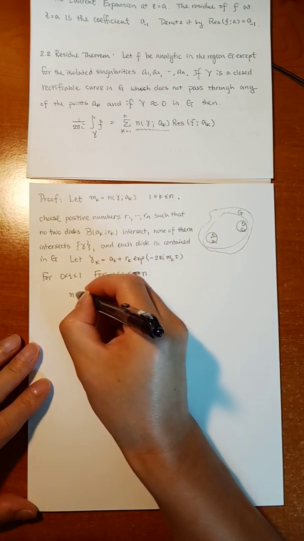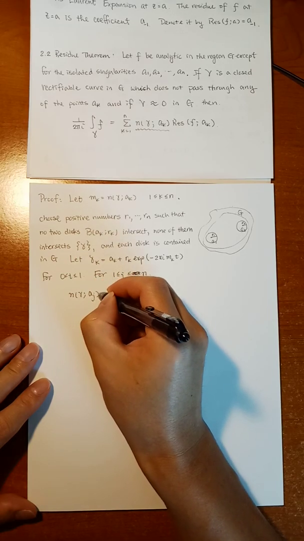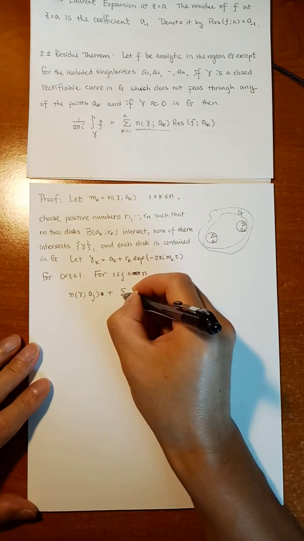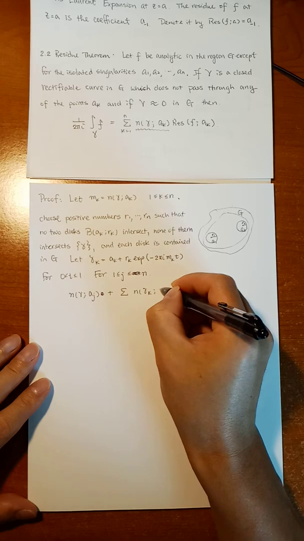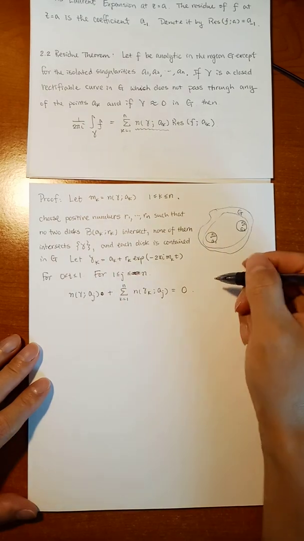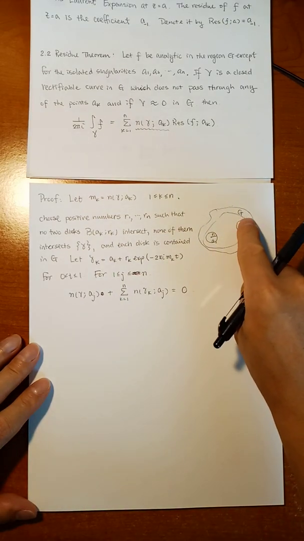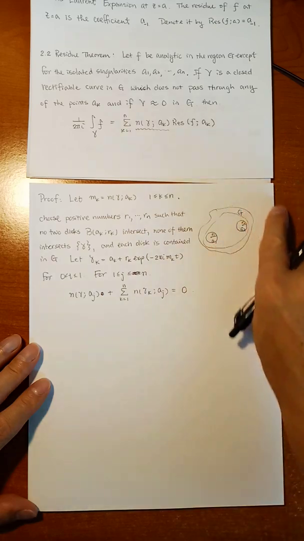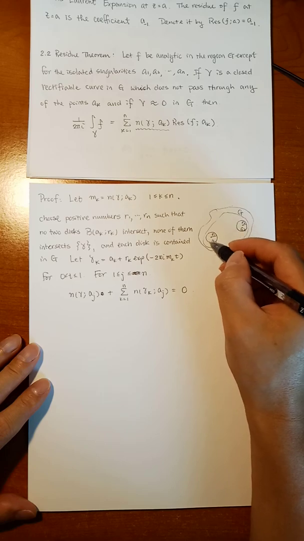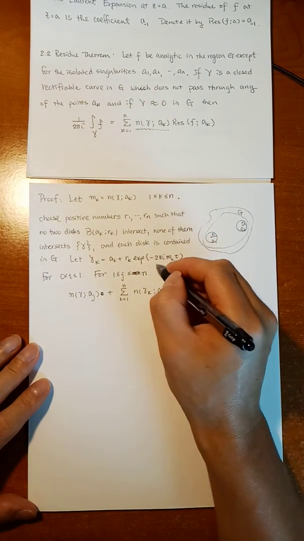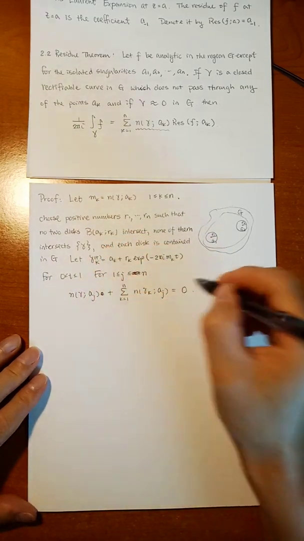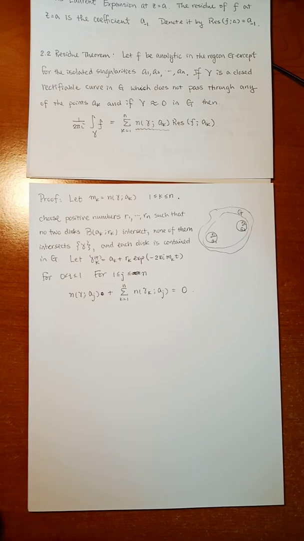We get the winding number of gamma with respect to a_j plus the sum over k from 1 to n of the winding number of gamma_k with respect to a_j, which is always 0. For gamma_2, the winding number with respect to a1 is 0. Others are 0. But for gamma, the winding number is m_k, while gamma_k's winding number is negative m_k. So again, gamma_k is used to cancel the winding number at this a_j.